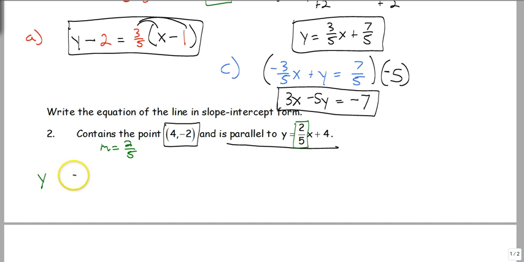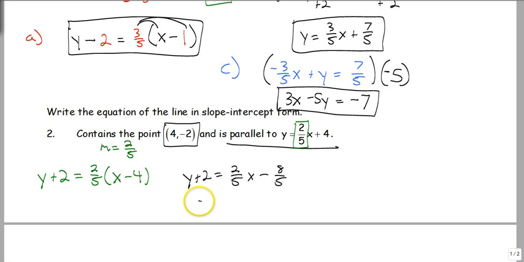Y minus a -2 becomes a positive 2 is equal to the slope times x minus 4. That's point slope form. I distribute and solve. So I get y plus 2 is equal to 2/5 x minus 8/5. And now I'm going to subtract 2.